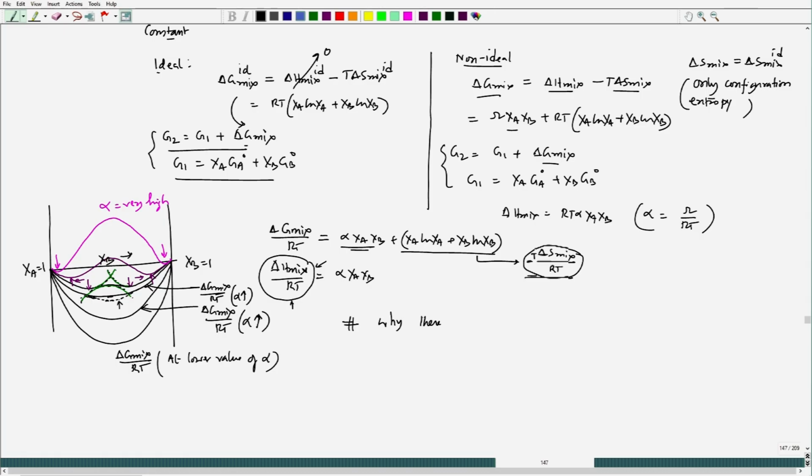Why? There is a small convex downward shape in delta Gmix by RT, or delta Gmix versus XB plot, at extreme ends in the composition axis.